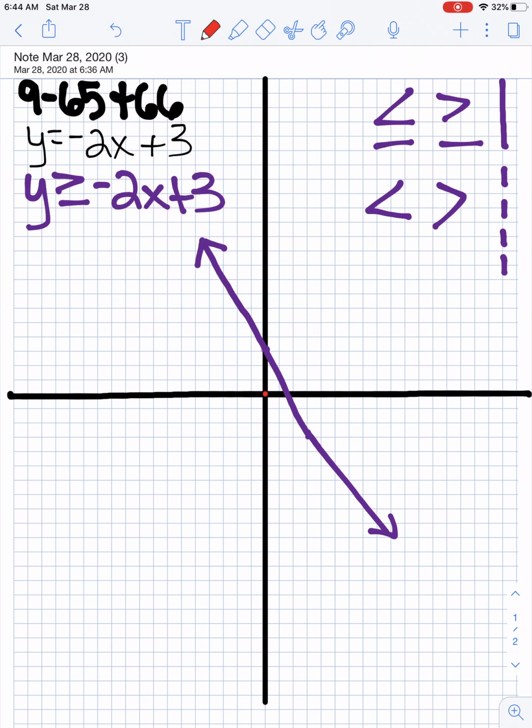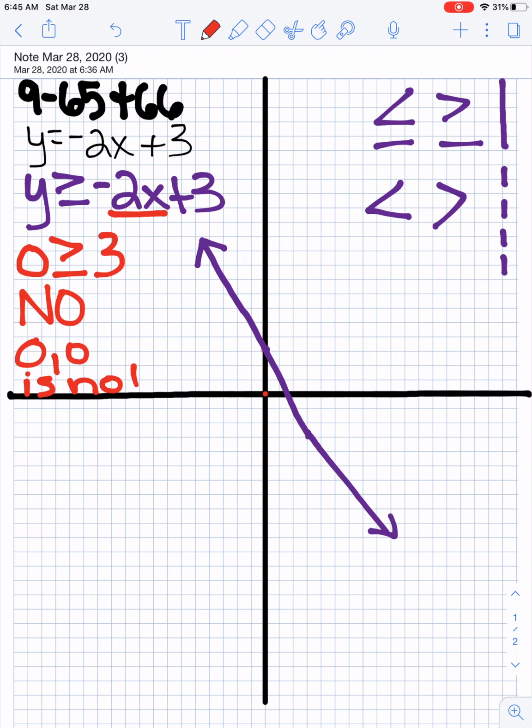So if I put 0, 0 in here for y and x, 0 is greater than or equal to, when I put 0 in here, I get 0 plus 3, which is 3. Is that a true statement? Is 0 greater than or equal to 3? No, it's false, which means 0, 0 is not a solution, okay?